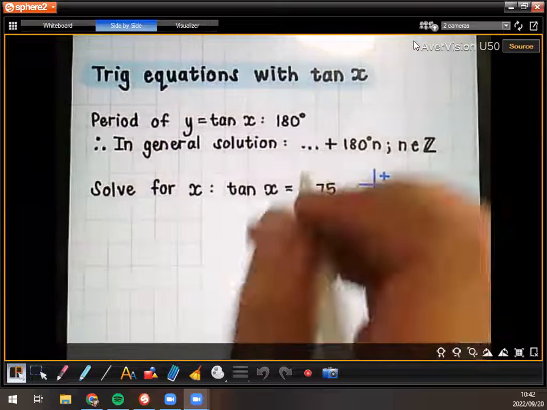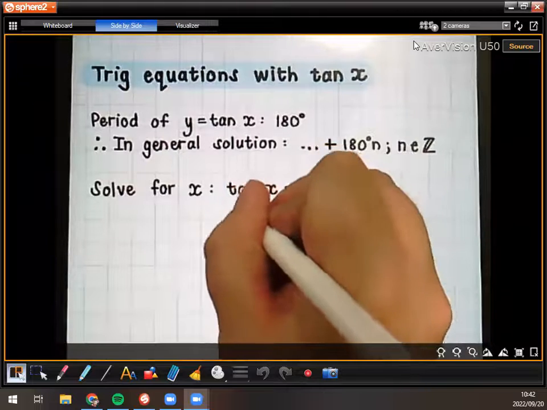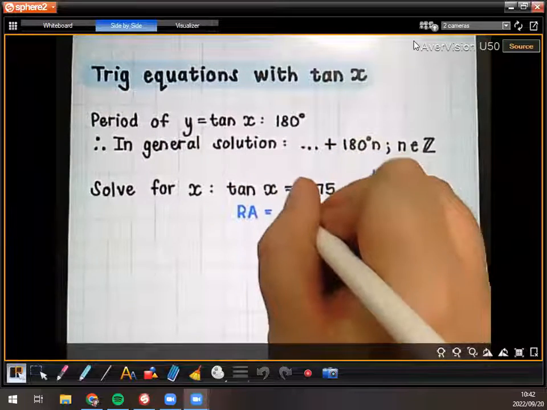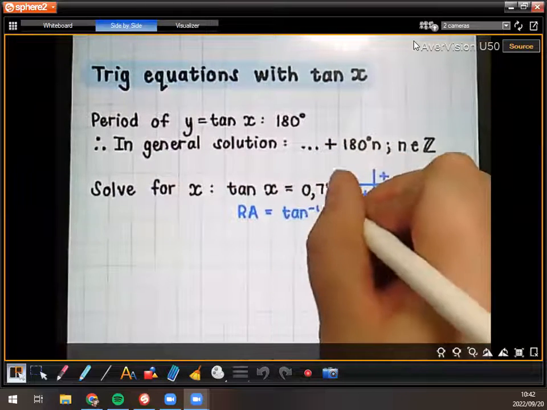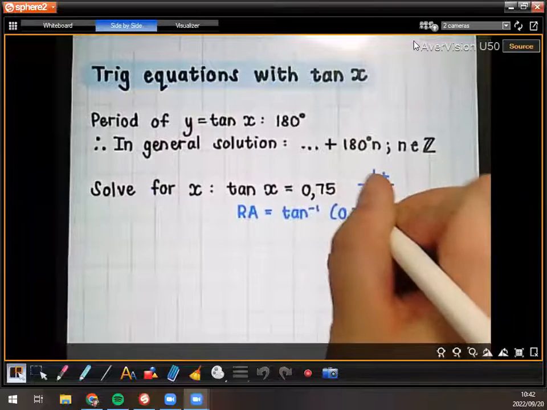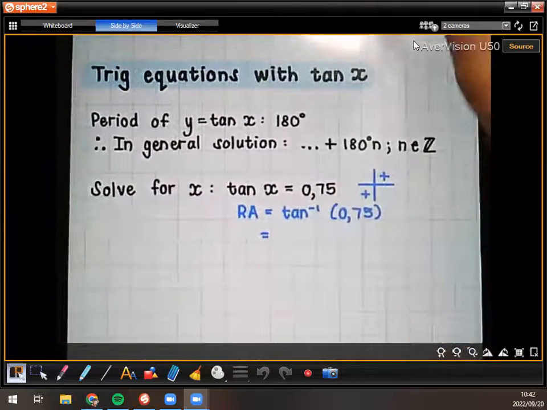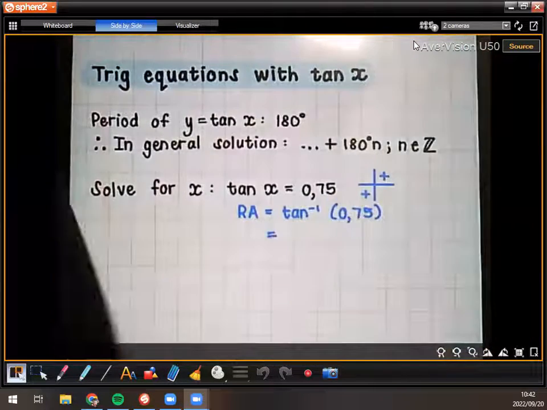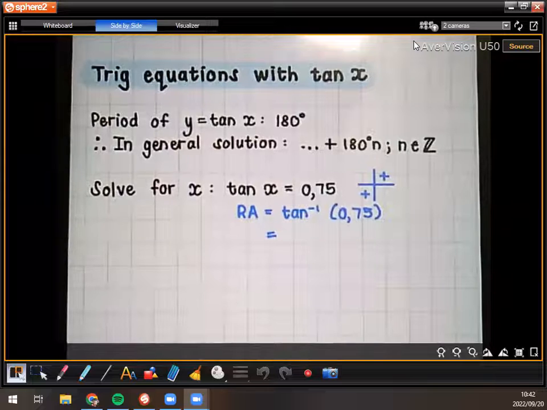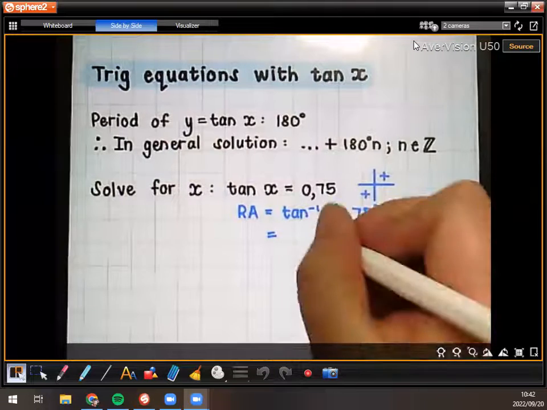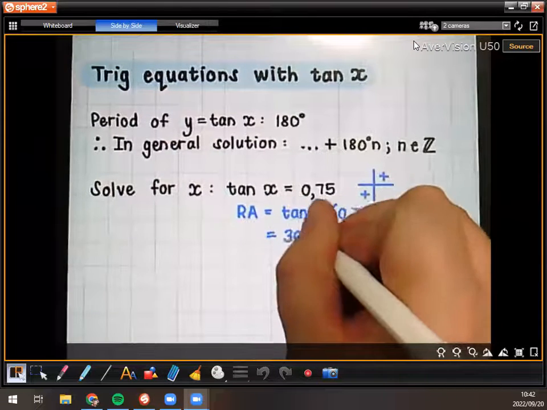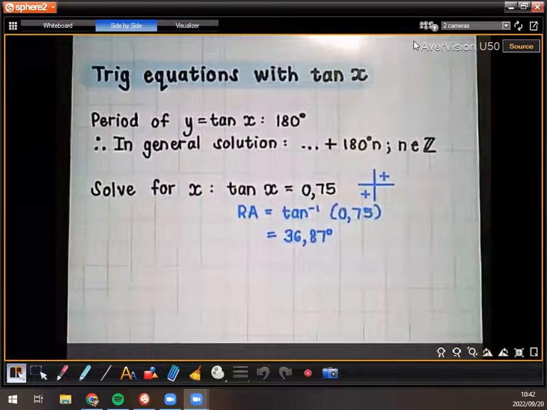Just like in the previous example, we're going to find our reference angle. So we're going to type in shift tan of 0.75. 36.87 degrees. All right, that is rounded off from the answer in the calculator.